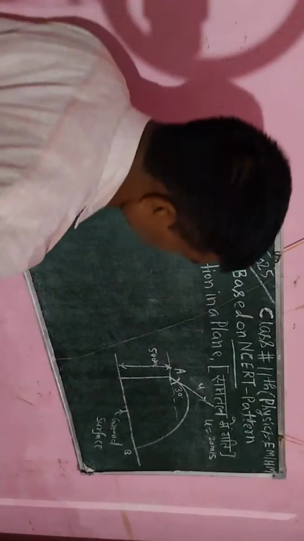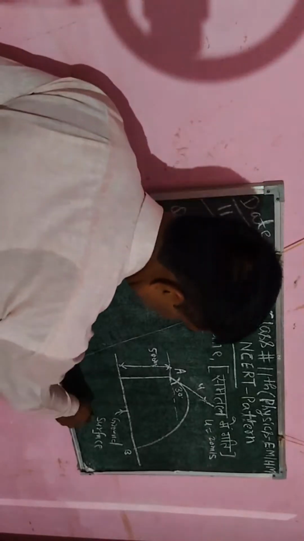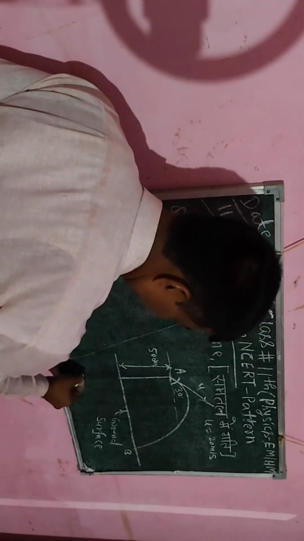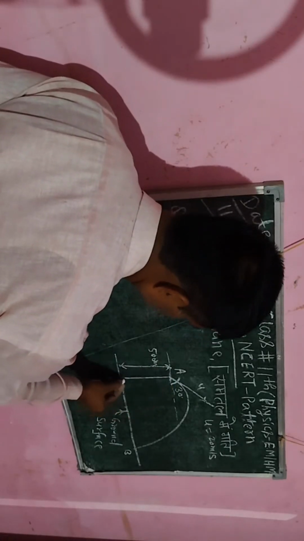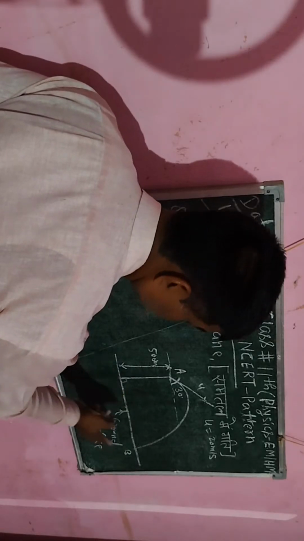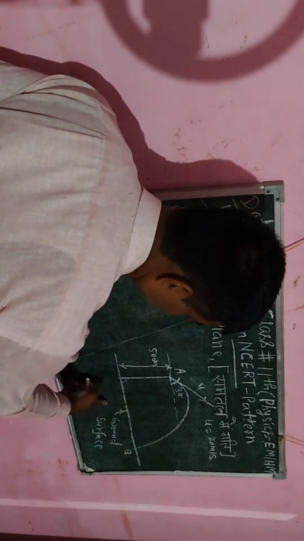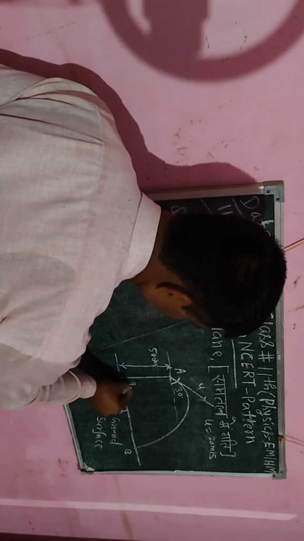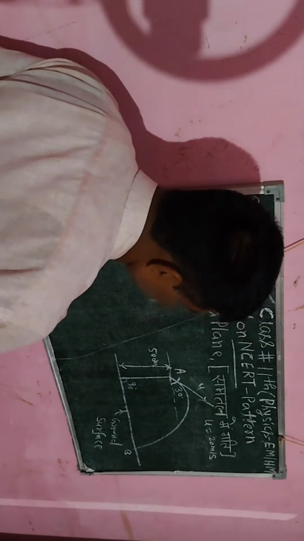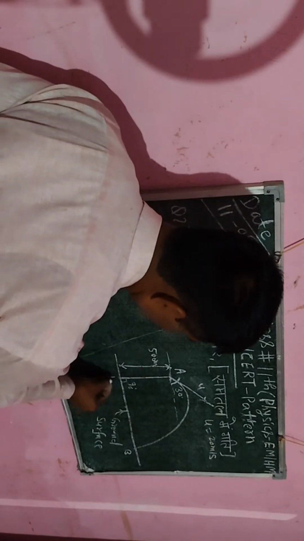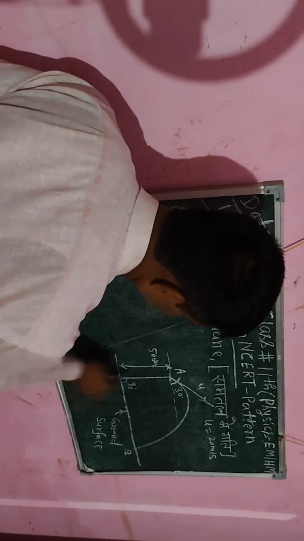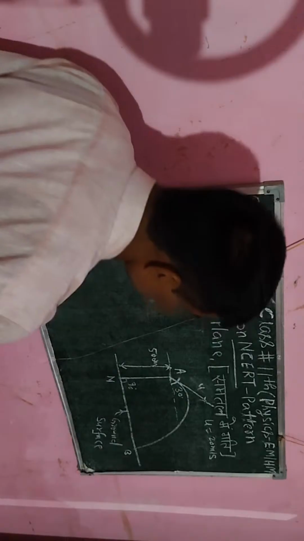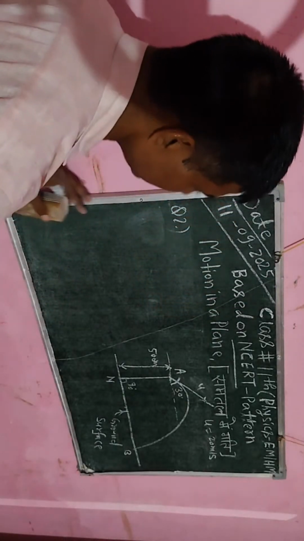Now this is the ground surface I have already written. From point A I have drawn a vertical line. You can see that with the ground surface it is 90 degrees, so it is perpendicular. So line AN will be perpendicular to line NB. Now we have to calculate the time.